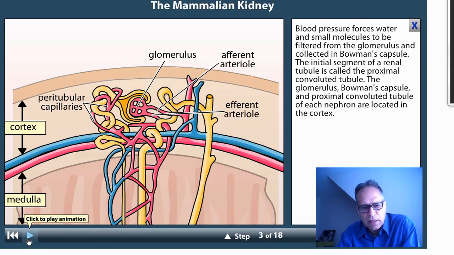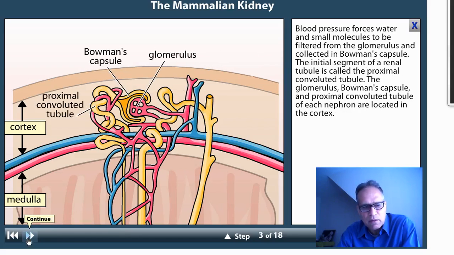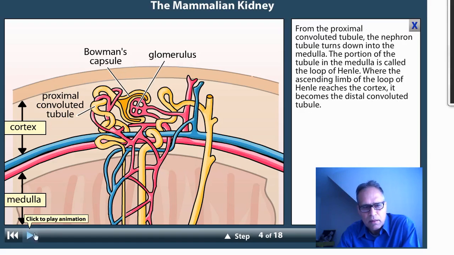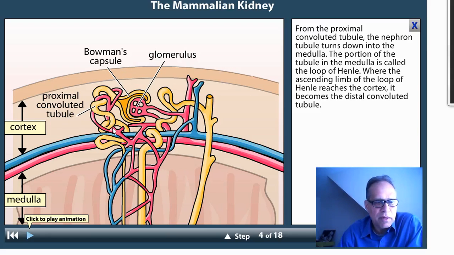As you will see in the next picture, the loop of Henle will come in, and in the proximal tubule some of the sodium will be actively reabsorbed, and other sodium reabsorption that takes place along the loop of Henle will be with the emission of water from this tubule to the interstitial cell fluid. This fluid space is called the interstitial cell fluid.